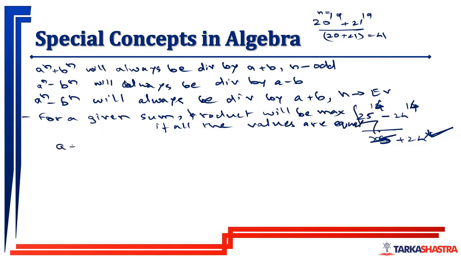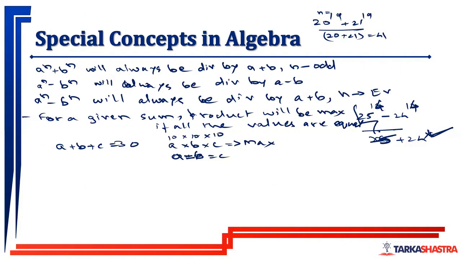For example, a plus b plus c is equal to, let us say, 30. Then a into b into c will be maximum only when all these values are equal, only when a is equal to b is equal to c, which will make it 10 into 10 into 10. Okay, we will get maximum.